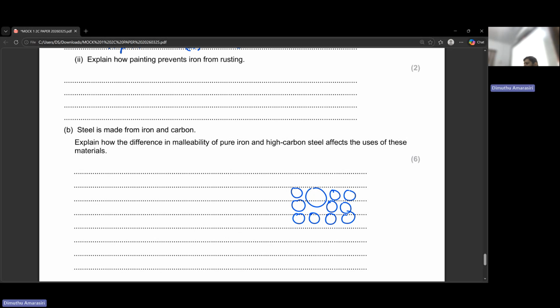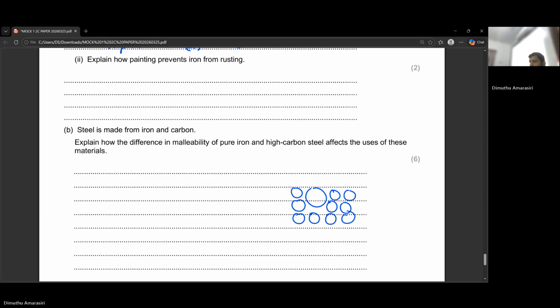So the cation layers cannot slide easily. Whenever I give around 8 points, out of 8 points, 6 points are enough.